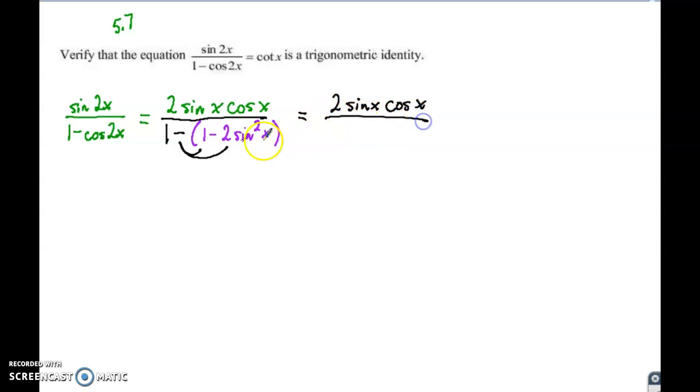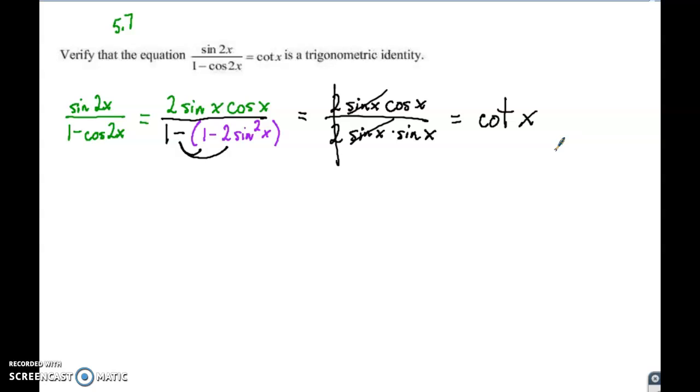And on bottom, I end up with, again, distributing, 2 sine squared of x. I'm just going to rewrite it as sine of x times sine of x to help you recognize that the 2's will cancel, 1 of the sines will cancel, and I'm left with cosine over sine, which is just cotangent of x.